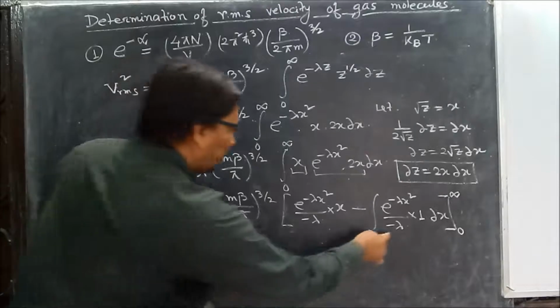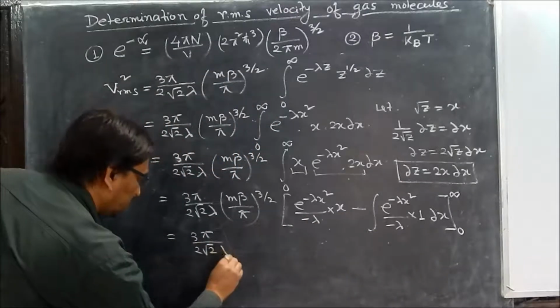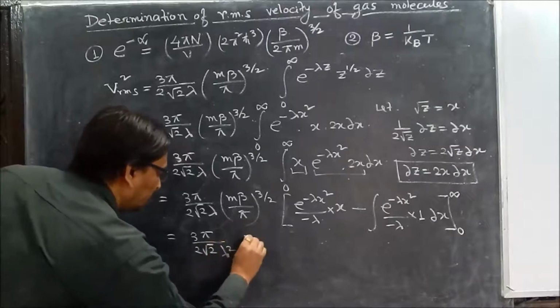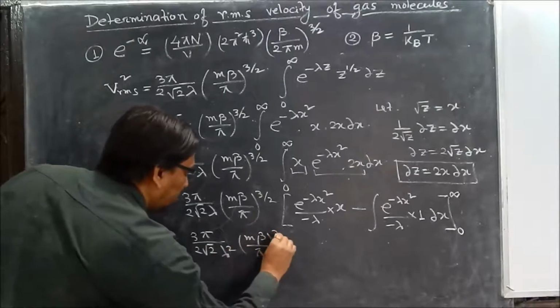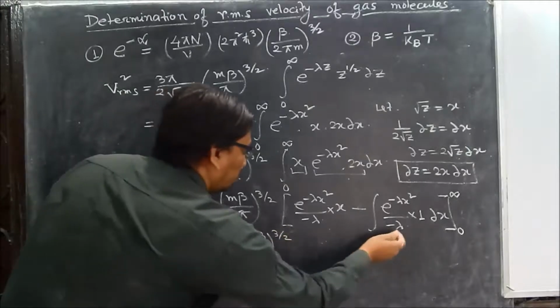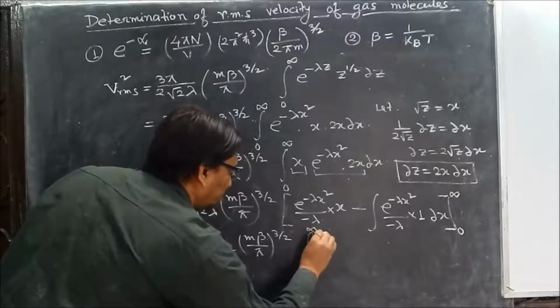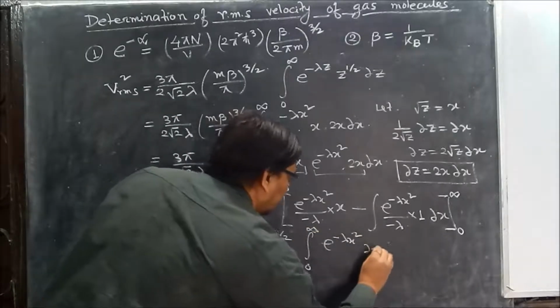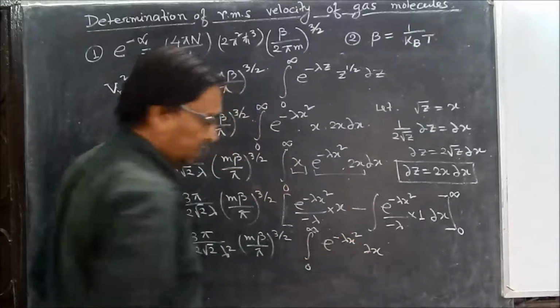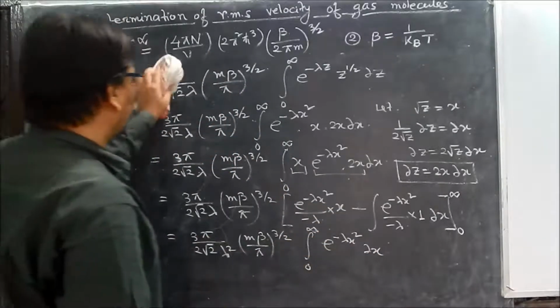Now see, one lambda will again come out, so this will make lambda square, and this will be m beta by pi whole to the power 3 by 2. So lambda is taken out, so this will be integration 0 to infinity e to the power minus lambda x square del x. So this is the last integration. So don't worry, this is the last integration. So you have come closer. Okay.